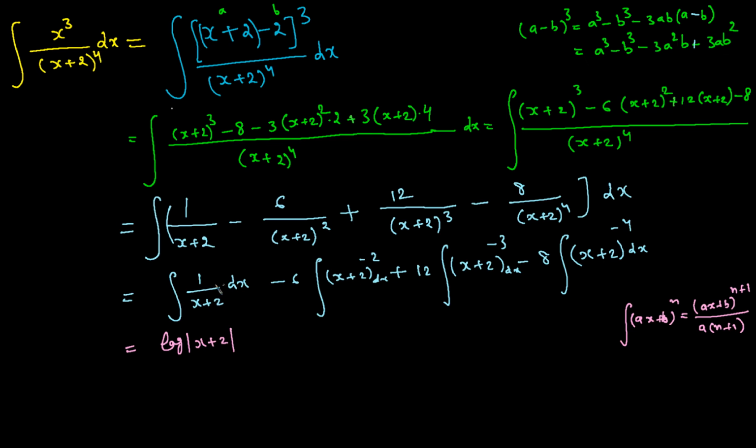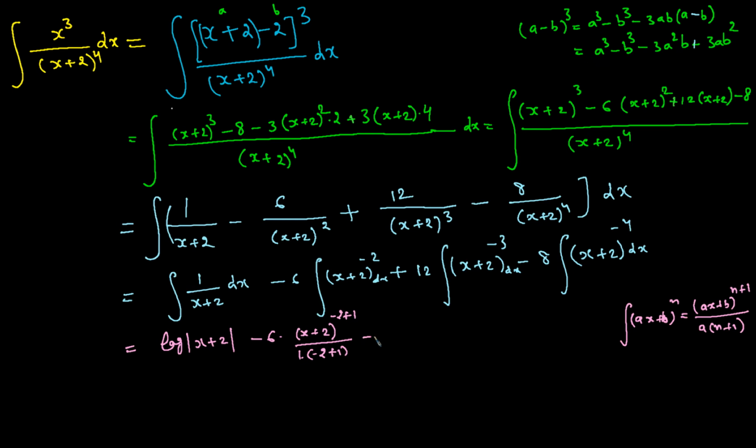So that's for 1 over x, and in this case we got negative 6, which is my constant, and we're going to write the integration of this part, which is ax plus b, and x plus 2 in our case, and see n plus 1, and n is negative 2 plus 1, and divide it by a, in our case is 1 over here, into n plus 1, which is negative 2 plus 1 multiplied by 1.